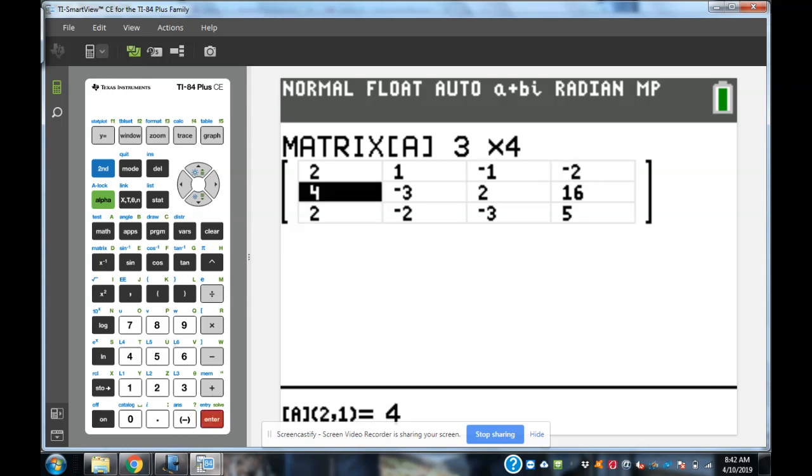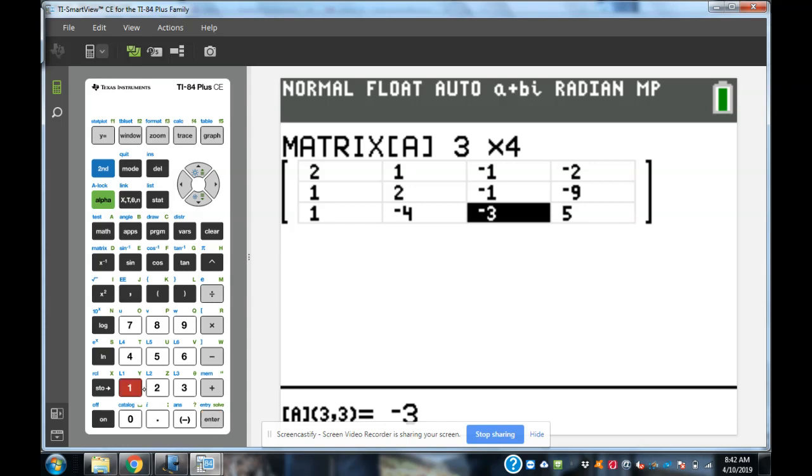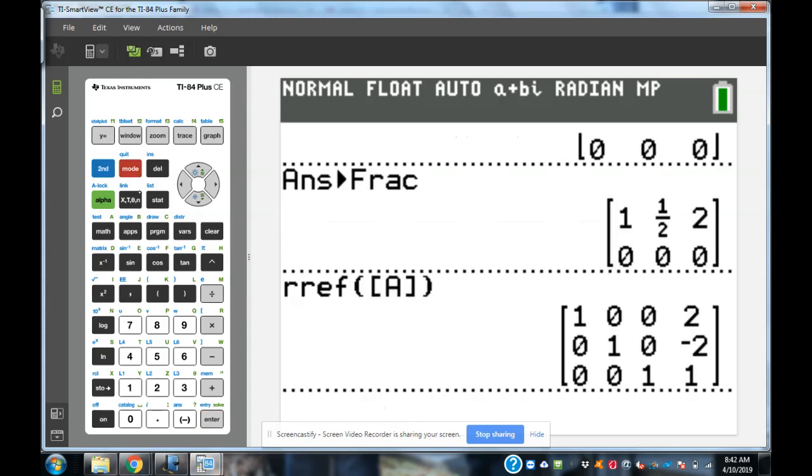You guys are much faster putting these in than I am, because you get to use your thumbs. I have to click one thing at a time. And then 1, -4, 1. All right. REF on that.